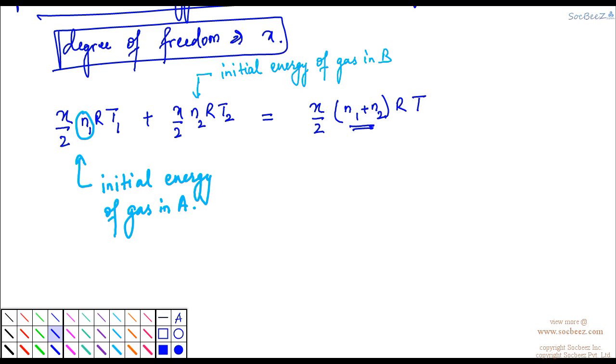This would be the scenario, because the whole of the gas has been mixed up, and both the temperatures would be the same in the containers. That's when the total equilibrium would have been attained, correct? So we have to basically find this value of temperature.